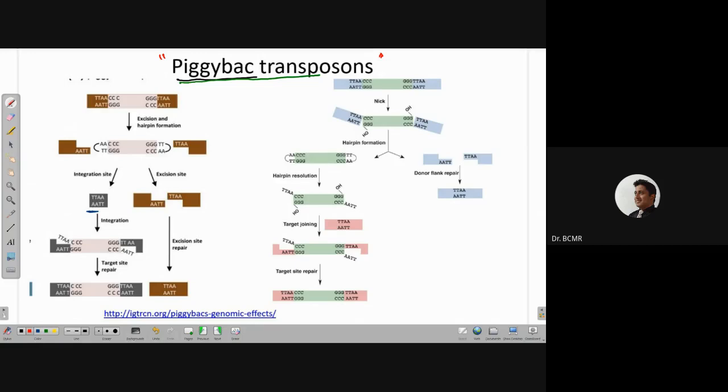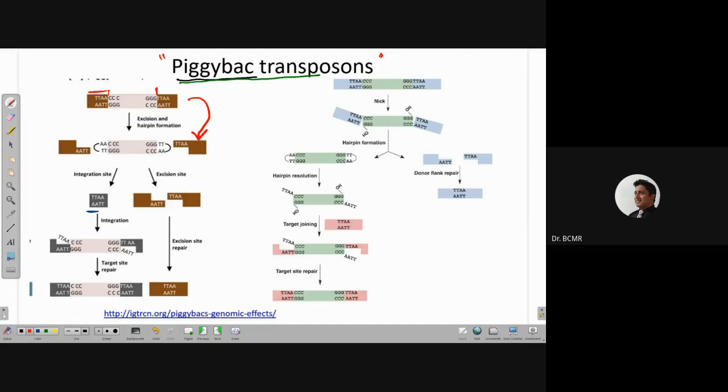So this is the transposon. It has this from here to here. You can assume that's the kind of transposon it is. And usually this is the target site. It's already integrated, and now we are trying to see if it is going into a new target. From here, what will happen?